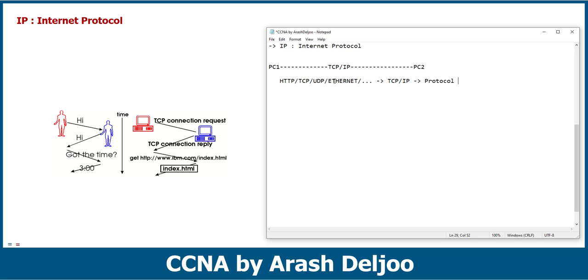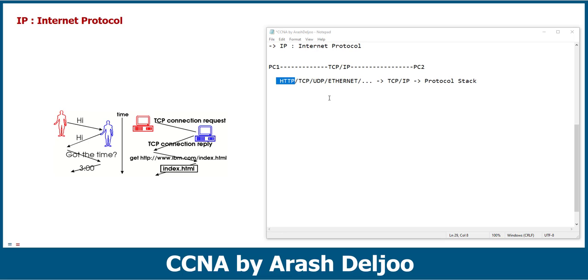Protocol stack means a stack of protocols that we can use for different types of communication between the PCs. Maybe in some cases you don't use HTTP because you don't need to send web pages from PC1 to PC2, or you are using another protocol, FTP for example. But all of these protocols are called the TCP/IP.